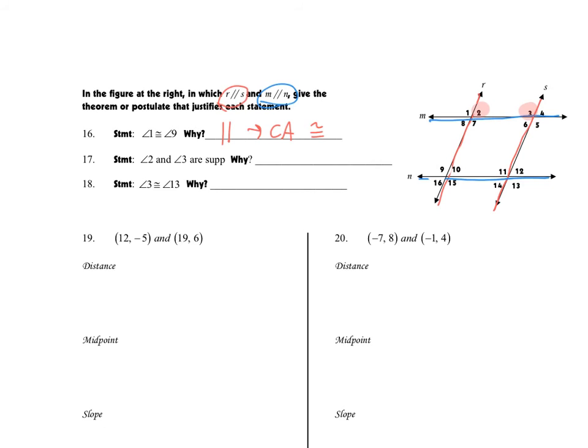Why? Well, if we look at the red lines this time, that's R parallel to S, angle 2 and angle 3 are on the same side, and they are consecutive. And so they are therefore consecutive interior angles. So this time we're saying that parallel lines imply that consecutive interior angles are indeed supplementary.